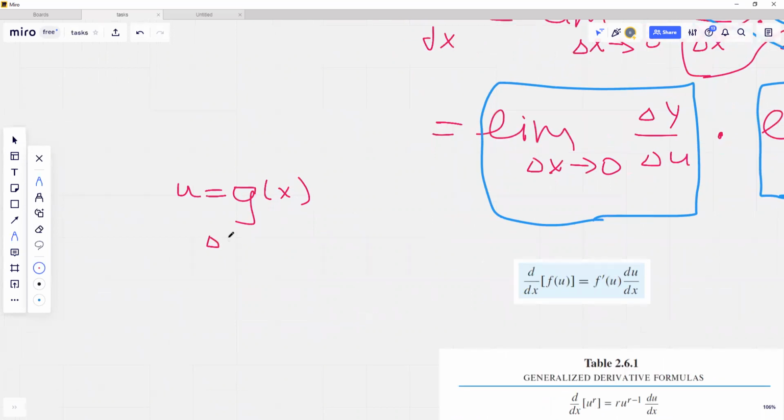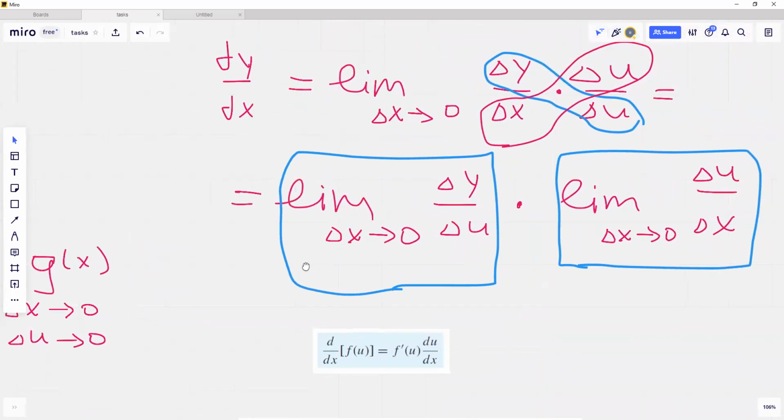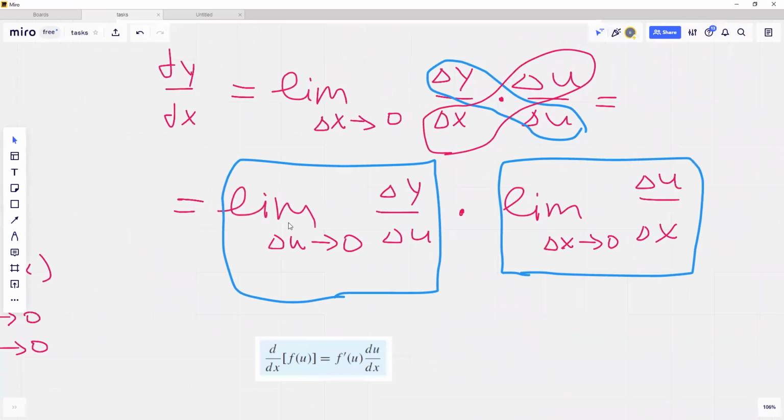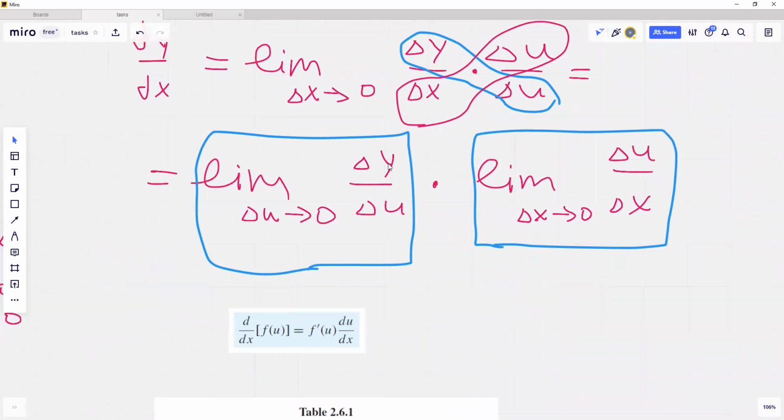In other words, as delta x is approaching 0, delta u in this case is going to approach 0. So we can replace delta x by delta u. So this limit as delta u is approaching 0 of delta y over delta u represents the derivative of y.